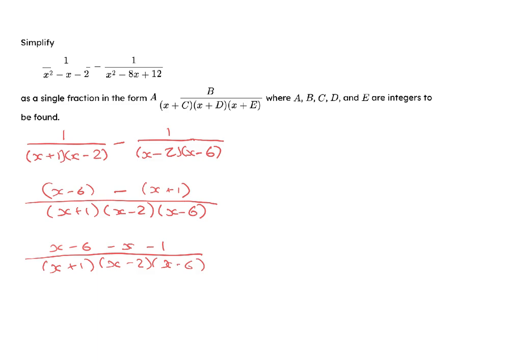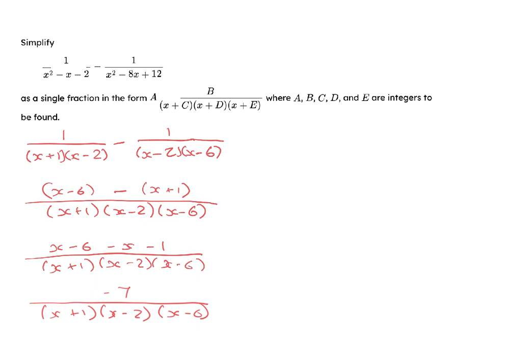Let's tidy that up. At the top there, x minus x is nothing. They will cancel. Minus 1 minus 6 is minus 7. And the denominator will just be the same: x plus 1, x minus 2, x minus 6.